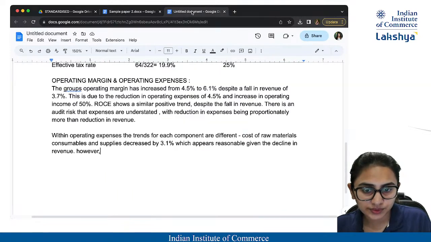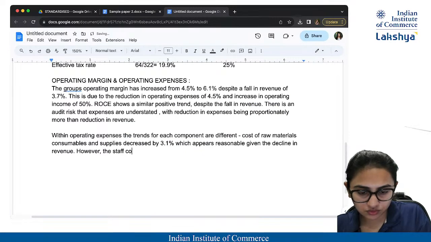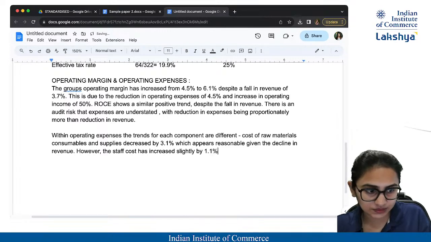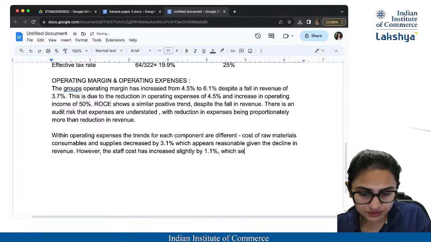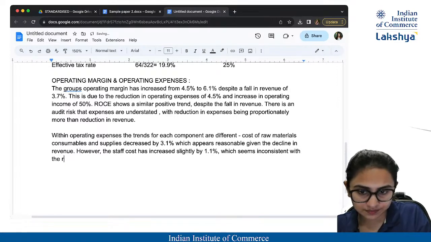However, the staff cost has increased slightly by 1.1%, which seems again inconsistent with the fall in revenue, with the revenue trend.